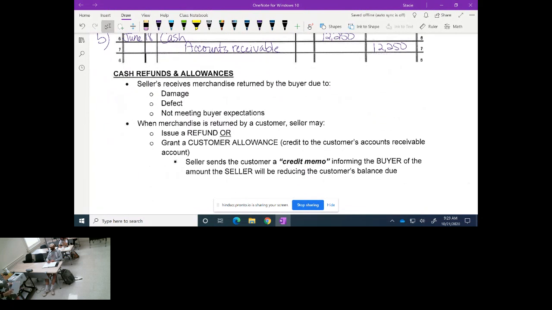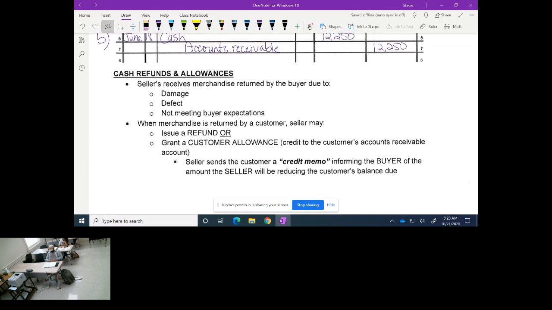Cash refunds and allowances. Okay, so the seller will receive merchandise returned by the buyer, damage, defect, didn't work for them, whatever. So when merchandise is returned, the seller may either give them a refund or give them a credit. When it says a customer allowance, that's like a store credit.